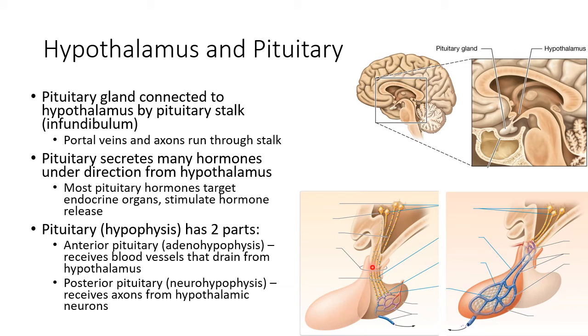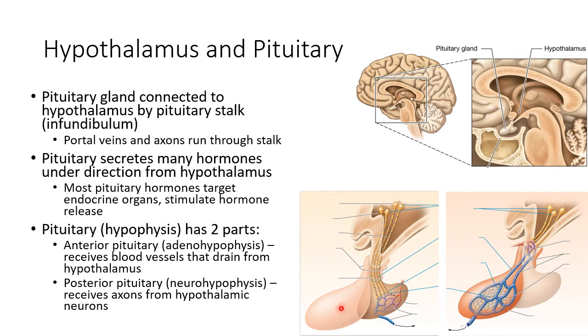In our dissection specimens, the stalk was usually broken, but I think maybe one group got to see it. It's really thin and delicate. Then you have two lobes of the pituitary. You have the anterior lobe, and then you have the posterior lobe of the pituitary. Those are different. They have a different connection to the hypothalamus.